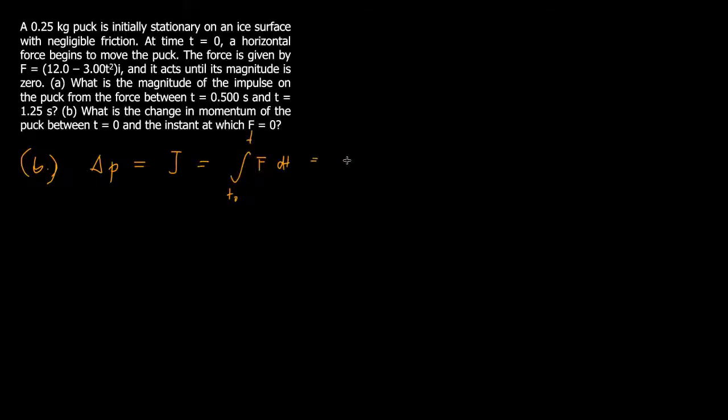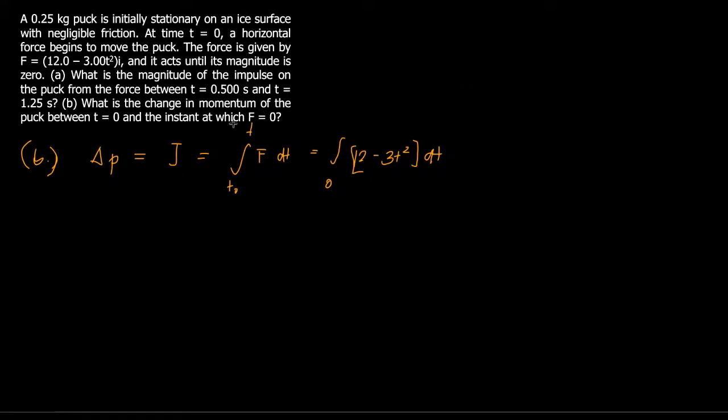Ano yung force function natin? That is 12 minus 3t squared dt from, ano, initial time na binigay, that's 0 to the time at which F of t is equal to 0. So, hindi natin alam actually. Wala namang binigay na time dito. However, we can solve for that time t.